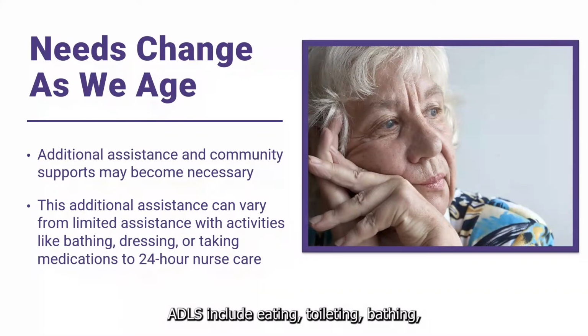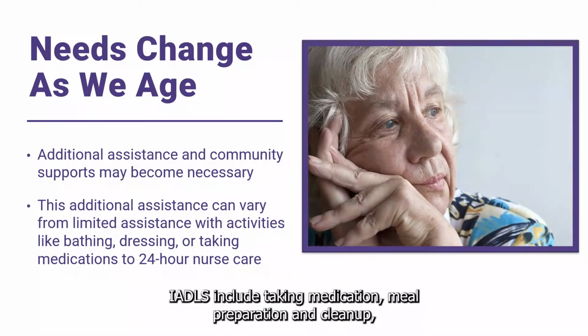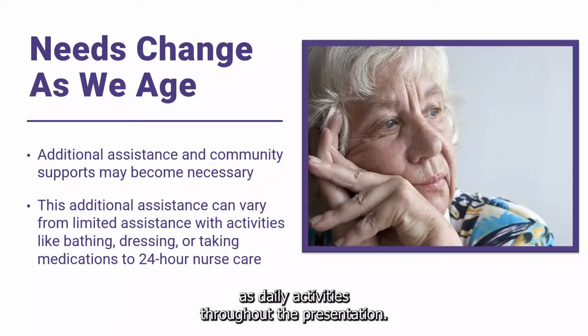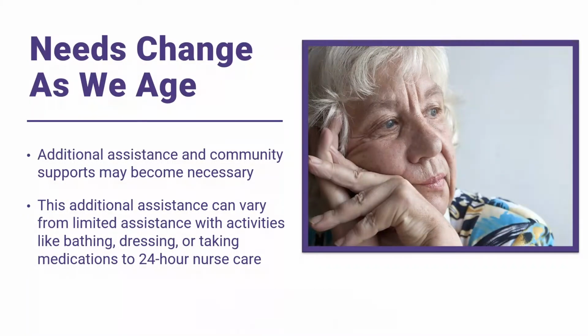ADLs include eating, toileting, bathing, grooming, dressing, transferring, and mobility. IADLs include taking medication, meal preparation and cleanup, shopping, laundry, and light housework. We will refer to ADLs and IADLs as daily activities throughout the presentation.